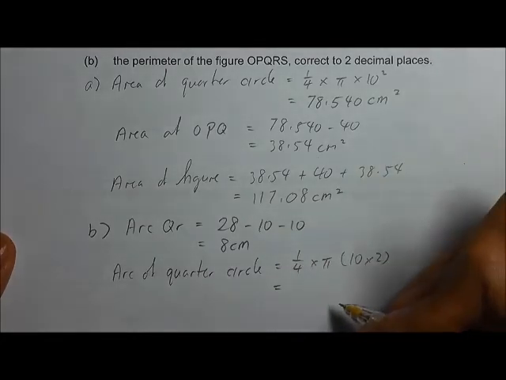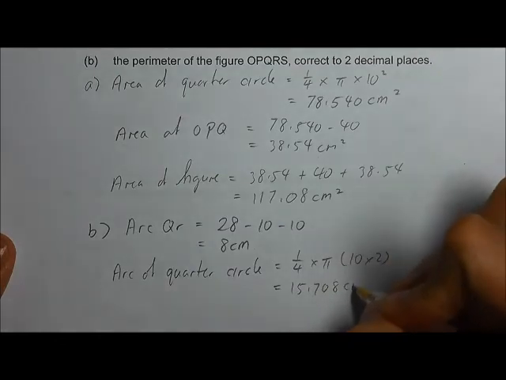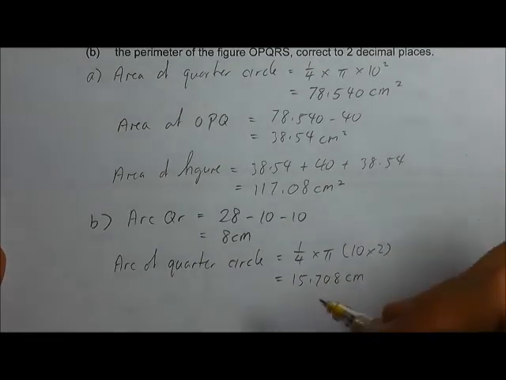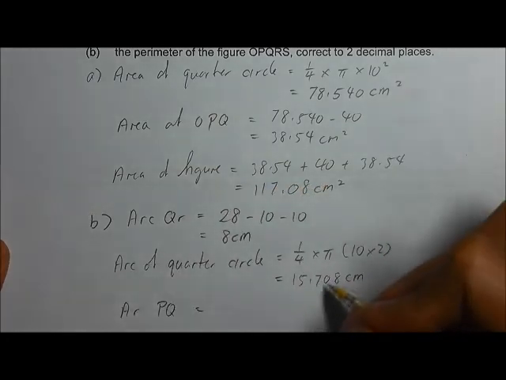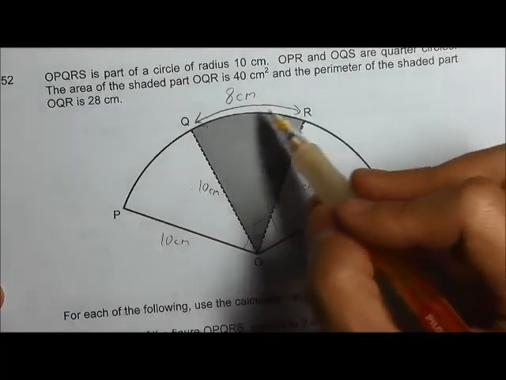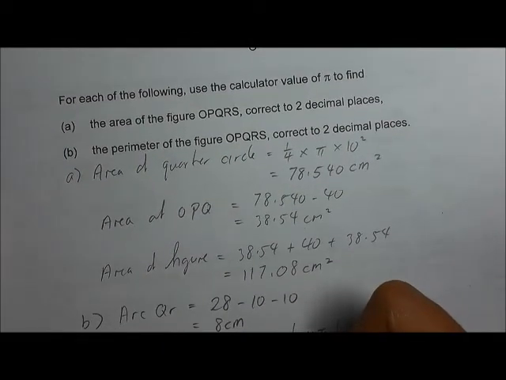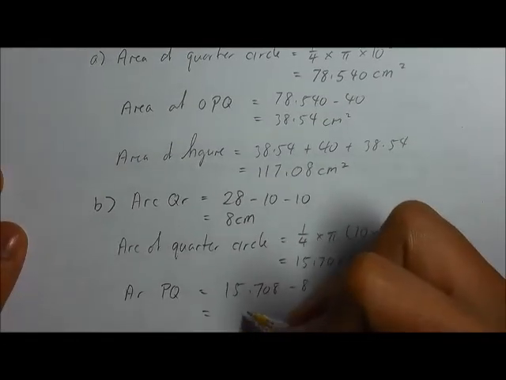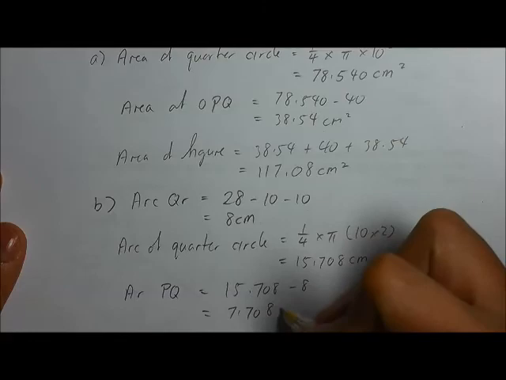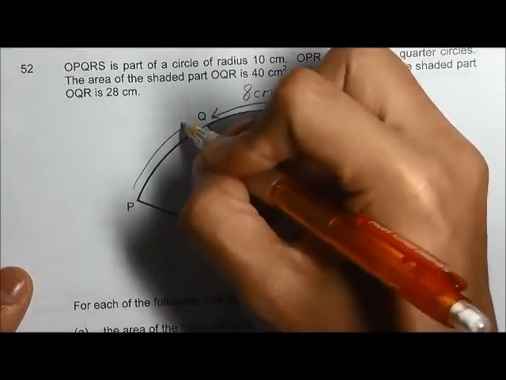You work this out, you will get 15.708 cm. The arc PQ is 15.708 minus 8, we have 7.708 cm.